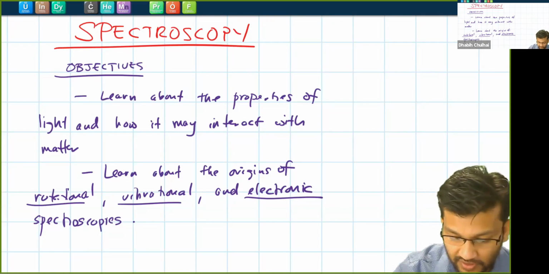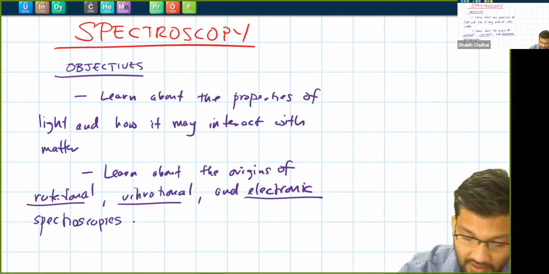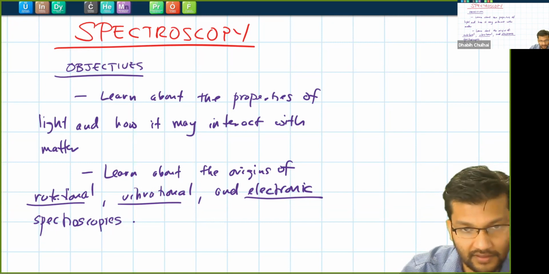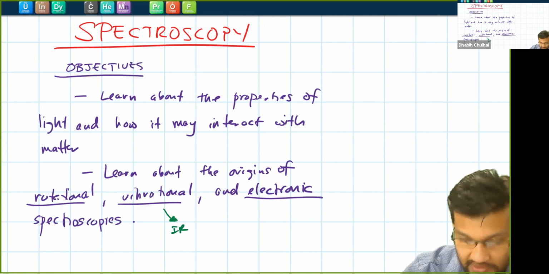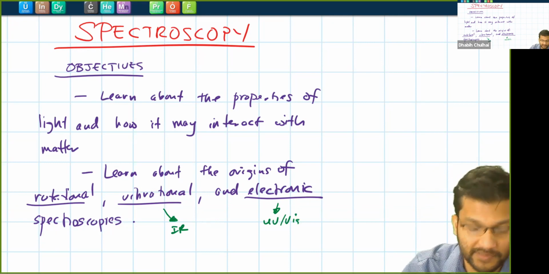And I'm sure you've had some experience with at least 2 of 3 of these during the course of your undergraduate degree. Vibrational, for example, many of you did IR spectrum. That's vibrational. I know you all did UV vis spectrum, because we do that in Gen Chem, right? With the SpectraVis and probably with a UV vis spectrometer.